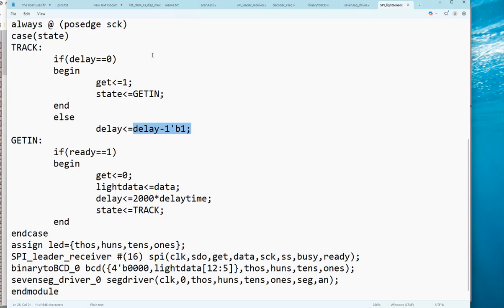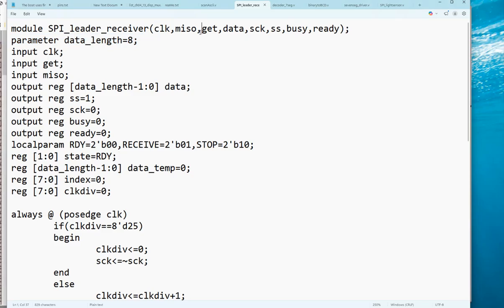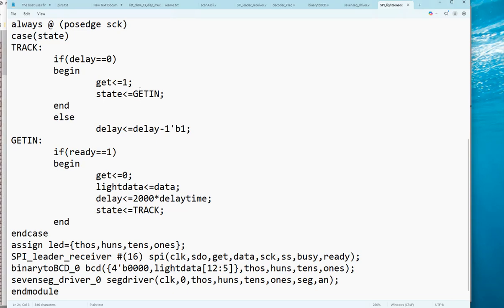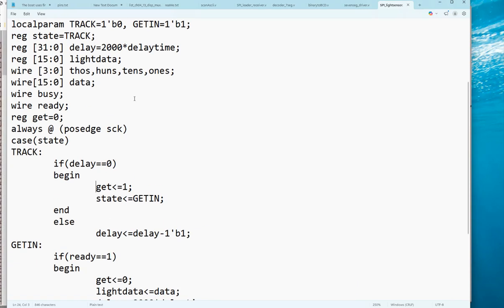It only enables the SPI conversion because you can see get is 1, so it's a flag used for the SPI receiver mode. It has to be 1 in order to enable it. So in that case, it wouldn't enable the SPI except every 1 million counts. How many samples would actually be received every single second?